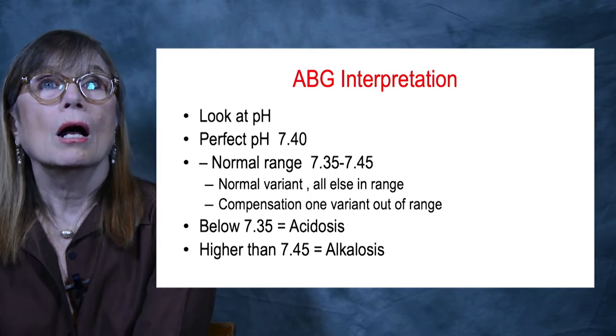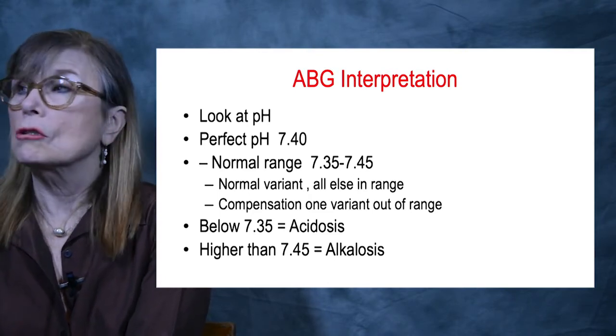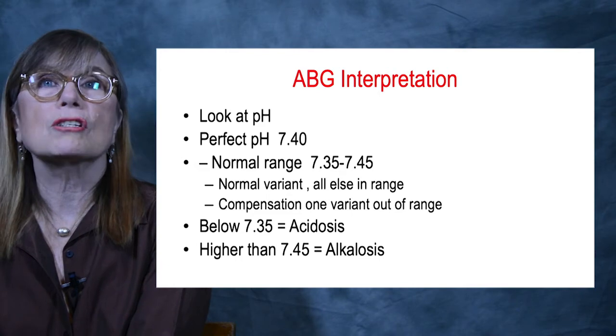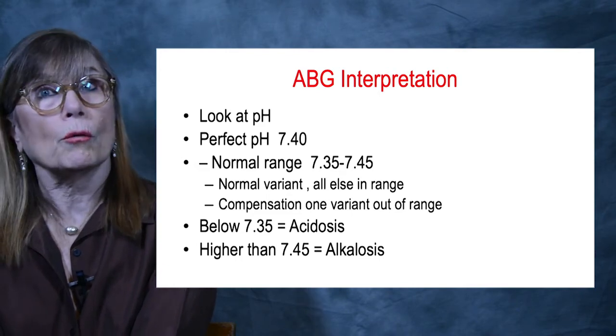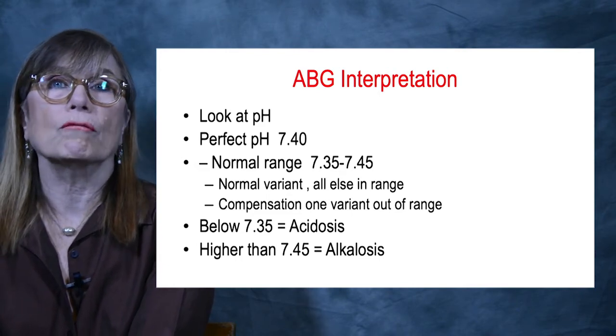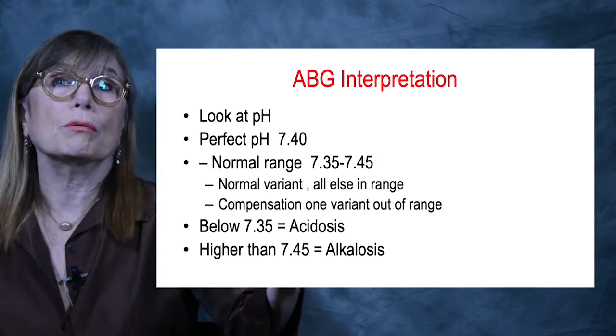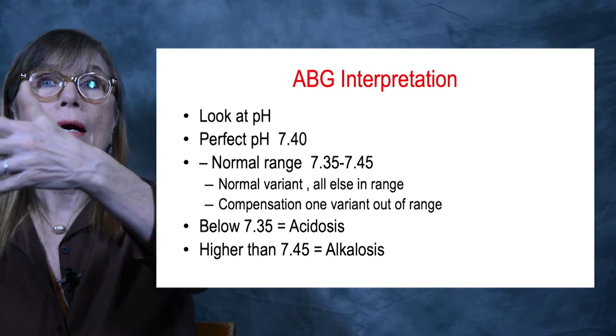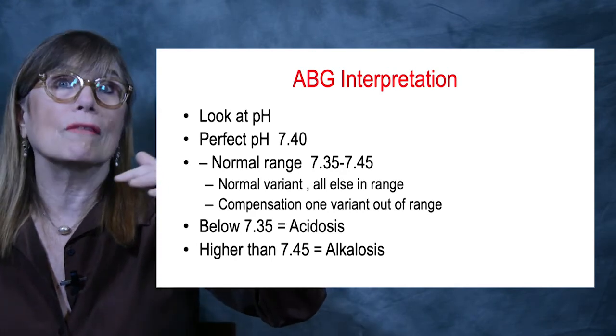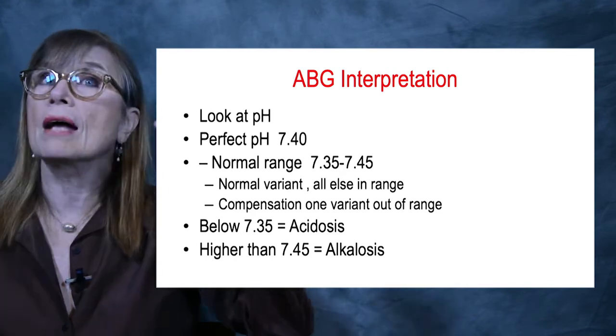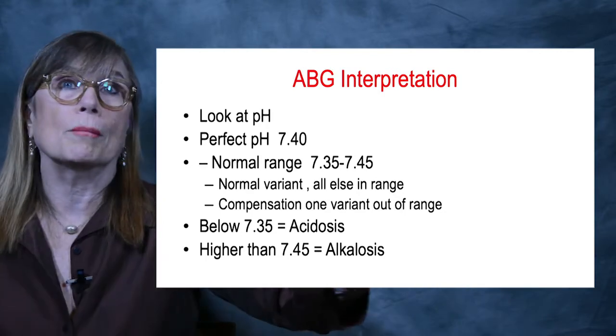So again, with ABG interpretation, start with the pH. Perfect pH 7.40, normal range 7.35 to 7.45. There can be a normal variant, meaning the pH might be 7.36 or 7.43, but everything else is in the range of normal, both the base and the CO2. That is normal.